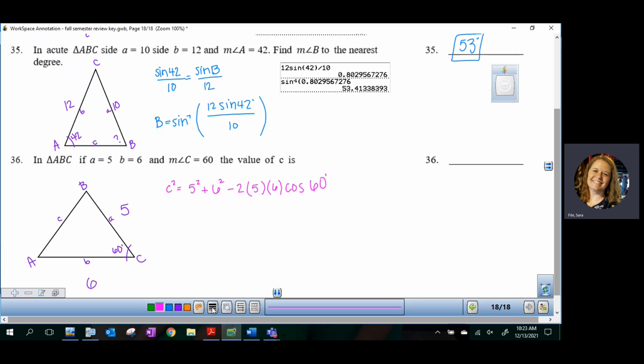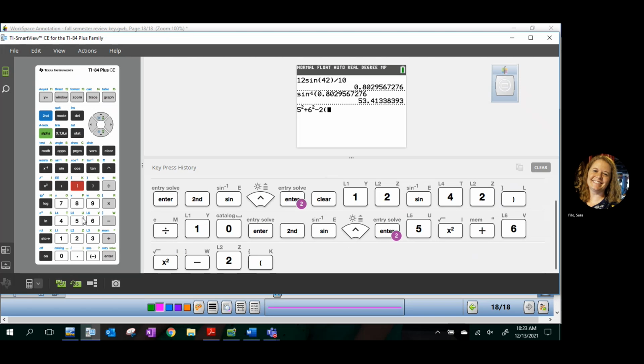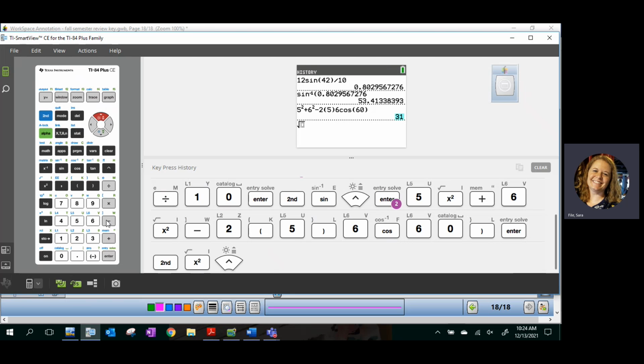All right, so 5, 6, and 60. All right, now when I solve the right side, is that my answer? No, what do I have to do to that number? Yeah, take the square root.